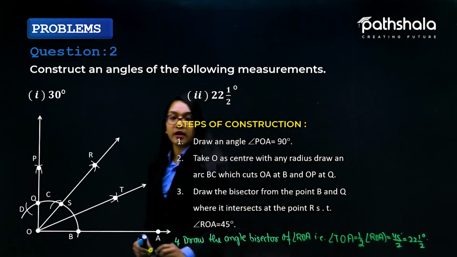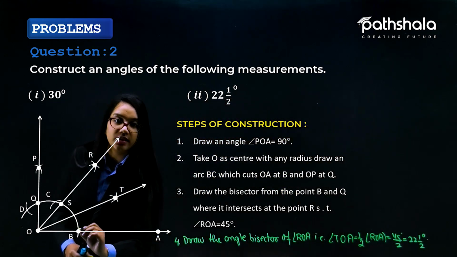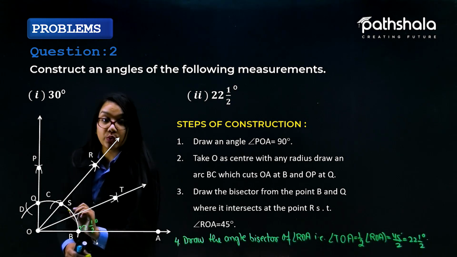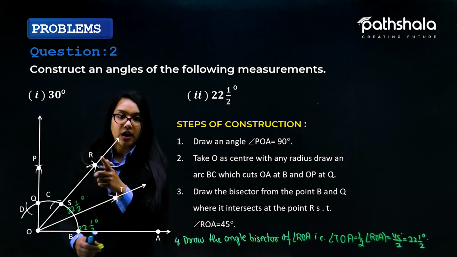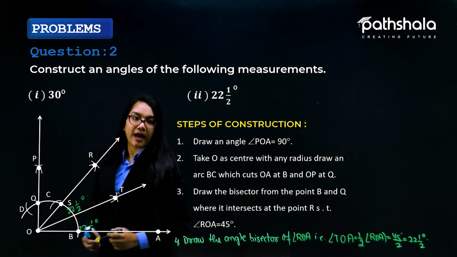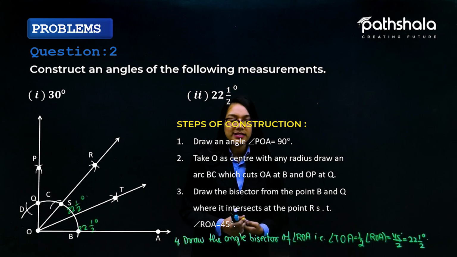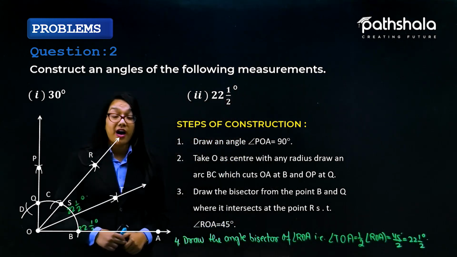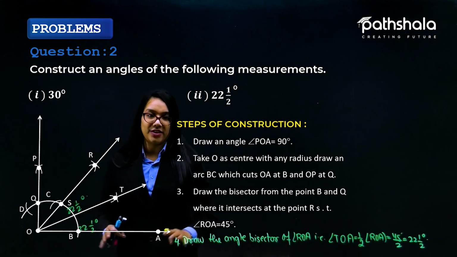So this would be the last step. This angle is 22 and a half. This angle is 22.5 degrees. This angle is also 22.5 degrees because we have constructed the angle bisector of the angle ROA. So at the end, this is the required angle, that is 22.5 degrees, using the basic constructions.